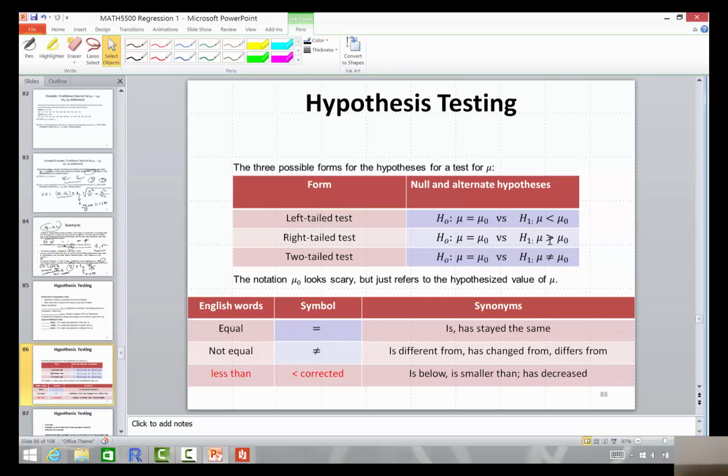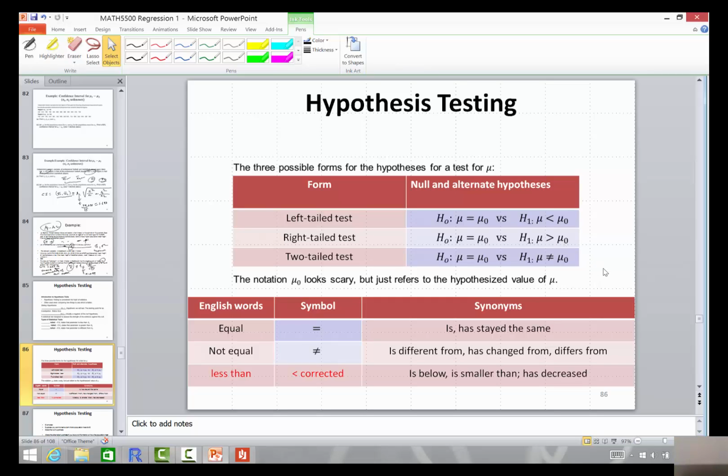greater than. The null hypothesis is always the same: mu is equal to some given value, that is the null hypothesis everywhere. The alternate hypothesis: left tail, this is less than, right tail, this is greater than, and two tail, this is not equal to. This is the basic revision from your basic stats class.